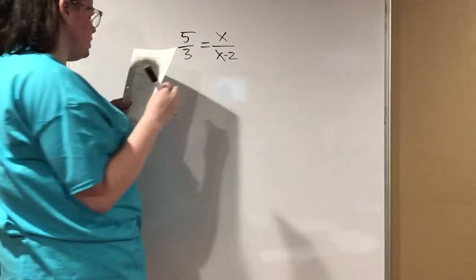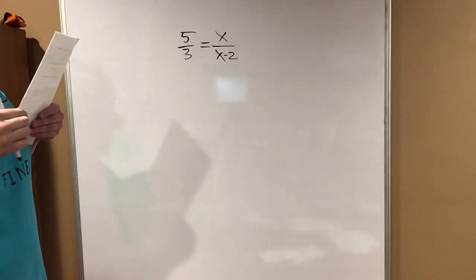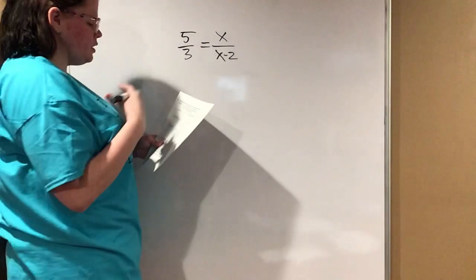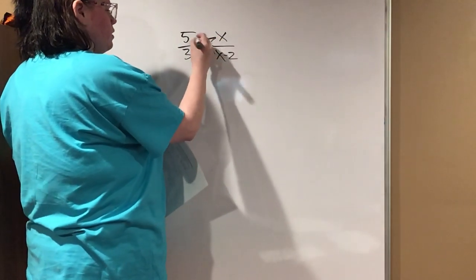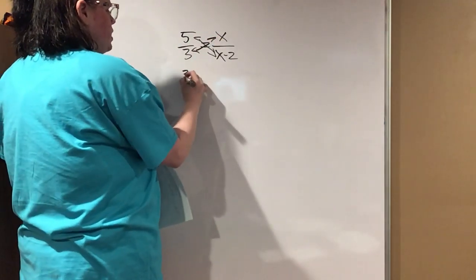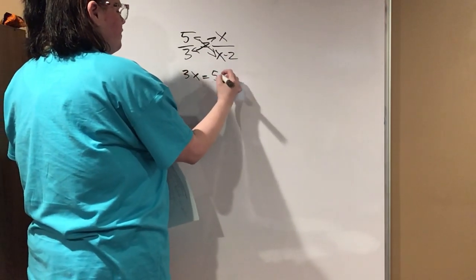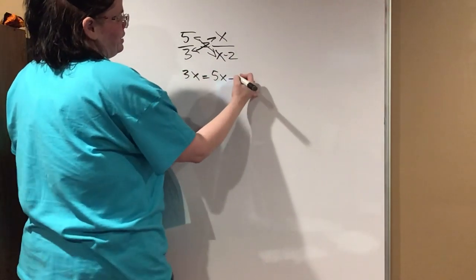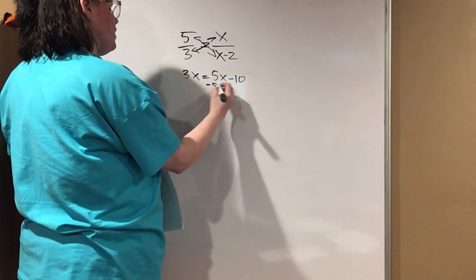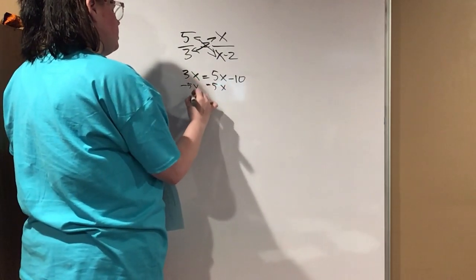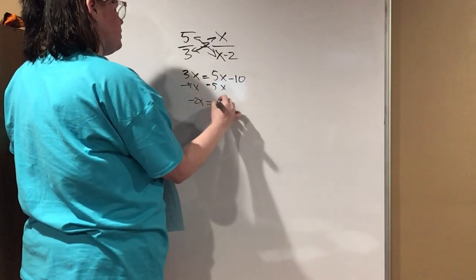Okay, so looking at this, what I can actually do, instead of doing the least common denominator with this one, I can just cross multiply. So I get 3x equals 5x minus 10. And then minus my 5x. I get negative 2x equals negative 10.